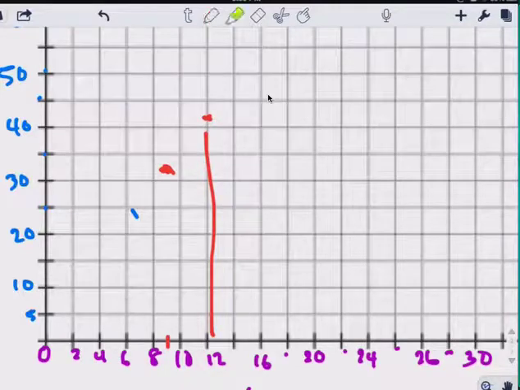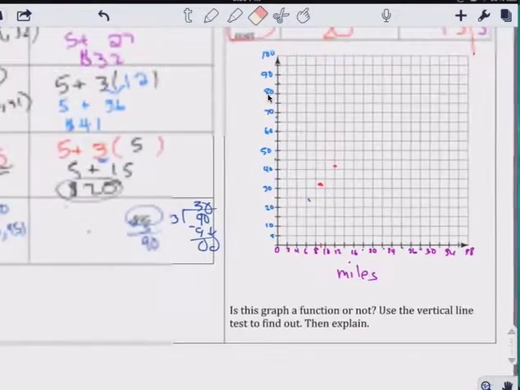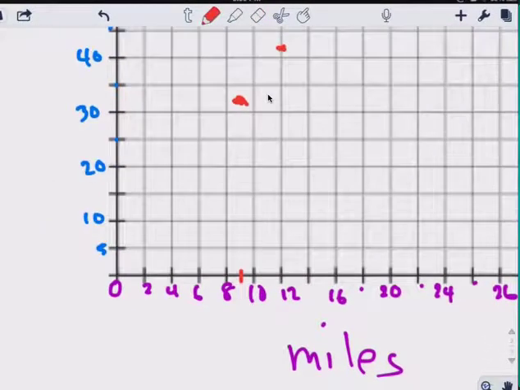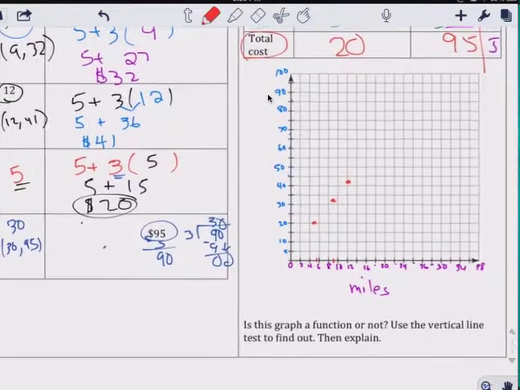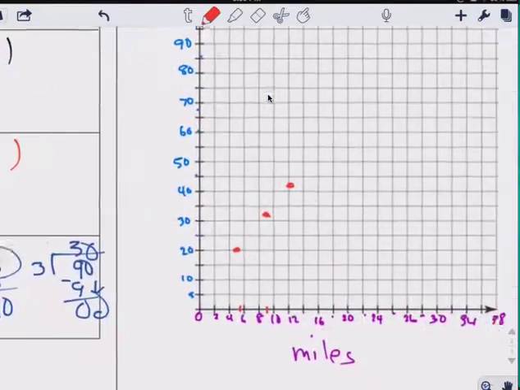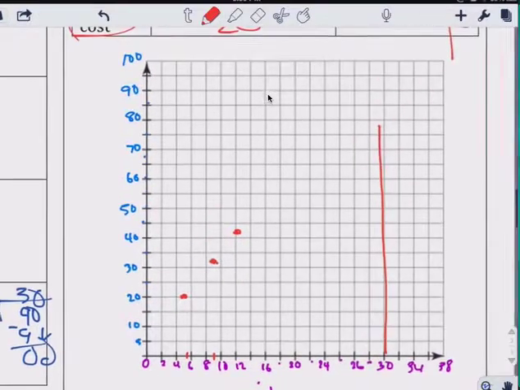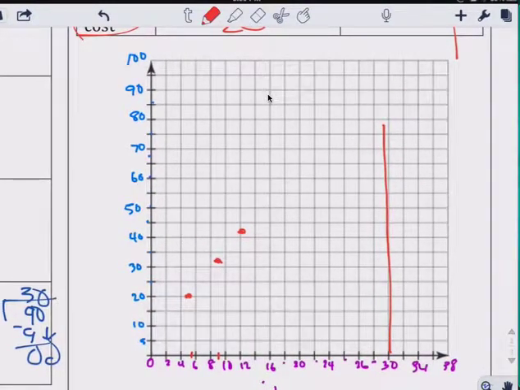There. And 5 and 20. And 30 and 95. 30, go up all the way to 95. Right there.